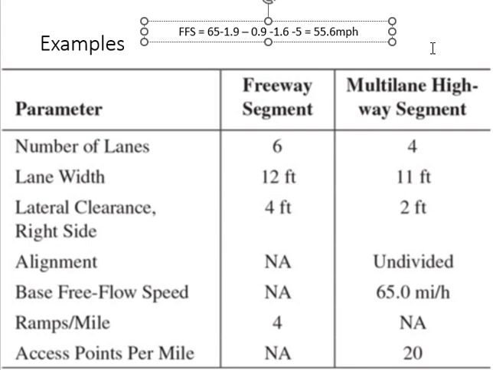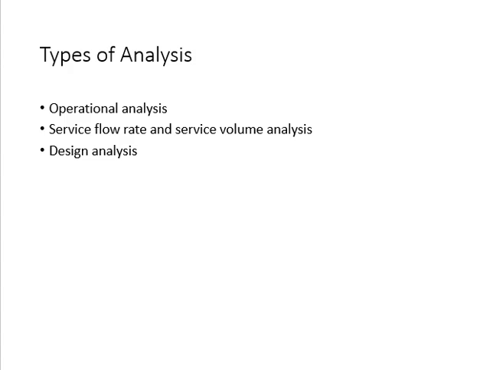Clear? Any problem? We will do 3 types of analysis in this chapter, for multi-lane highways, two-lane highways, and freeways. In all these 3 types, the first step is to find out the free flow speed.